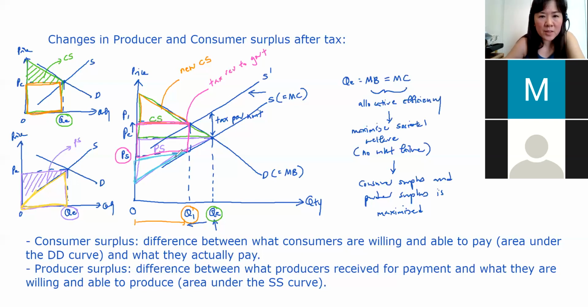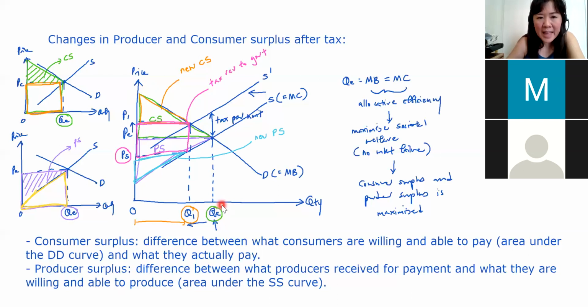Okay, so this is the new producer surplus. Can you see that? So if you do a comparison, like before the imposition of tax, consumer surplus was this green triangle here, when quantity transacted was at QE.